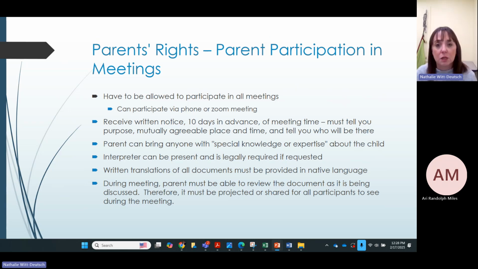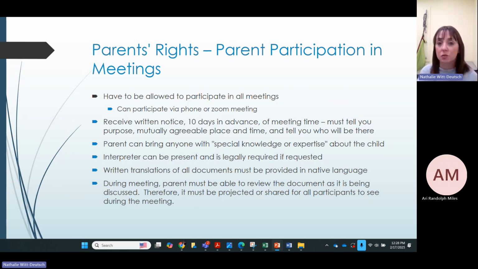So, for example, if you are on the phone, you need to make sure that the district has some way of sending you what they're doing for the IEP, whether that is you have the draft, but as things are being made or discussed, telling you where you're at within that draft IEP and what's being changed and added as the discussion is taking place.